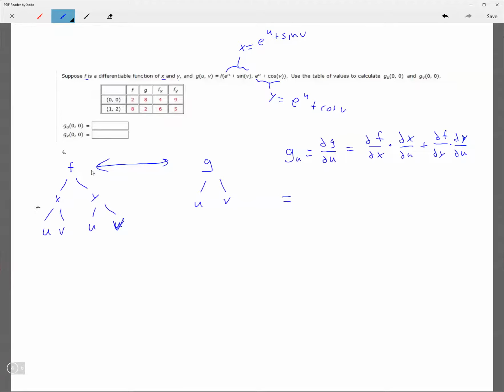And when u equals 0 and v equals 0, what's x? And what's y? So if you plug a 0 in here for u and a 0 for v, what do you get?